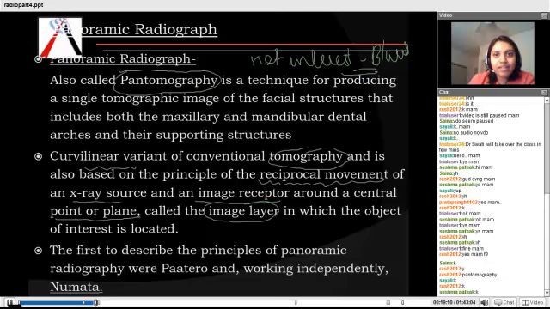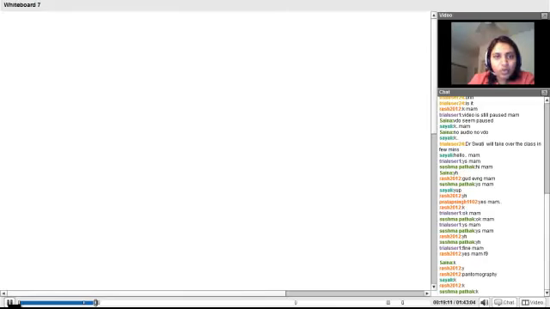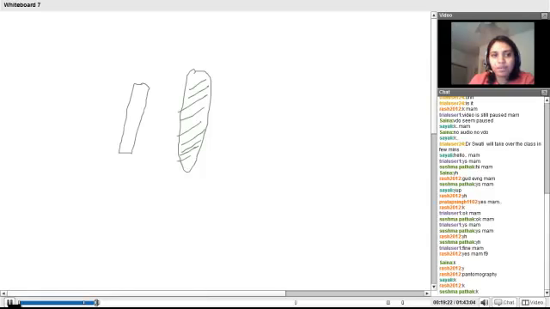So what we have here is an image layer in between. This is our central area which we are trying to record. On one side we have the image receptor or our X-ray film. On this side we have our source of X-ray.